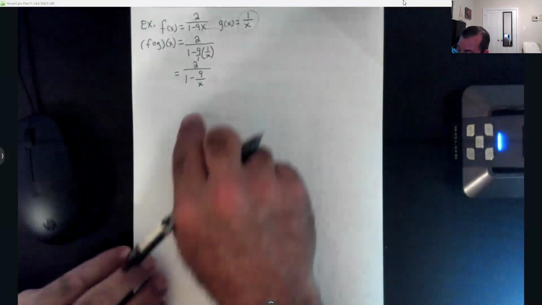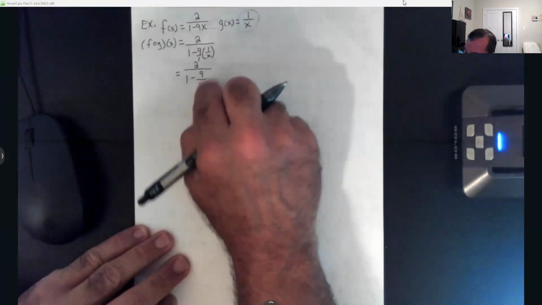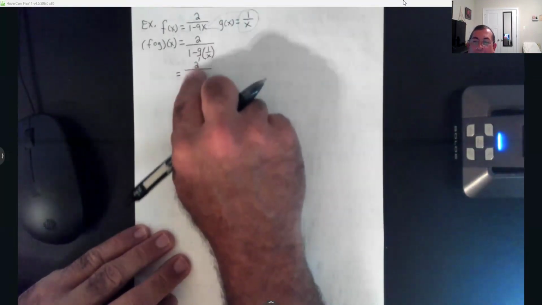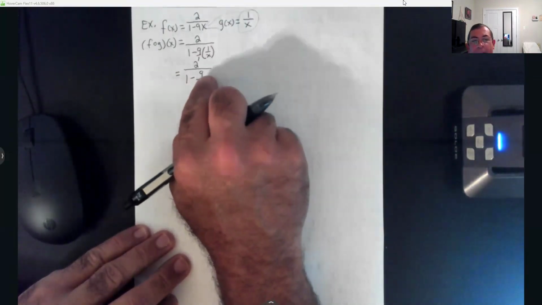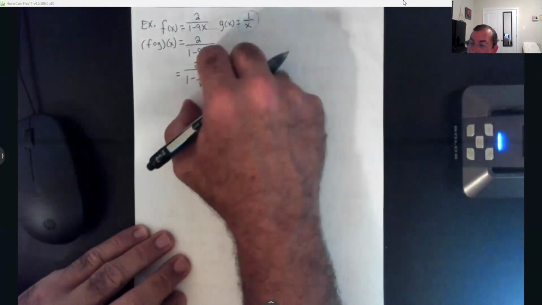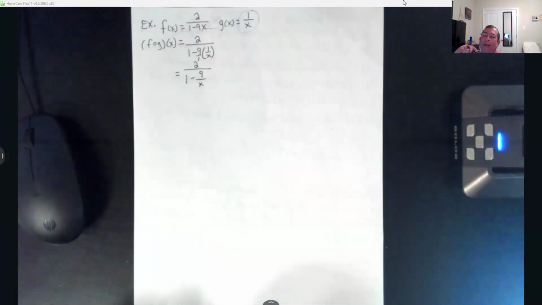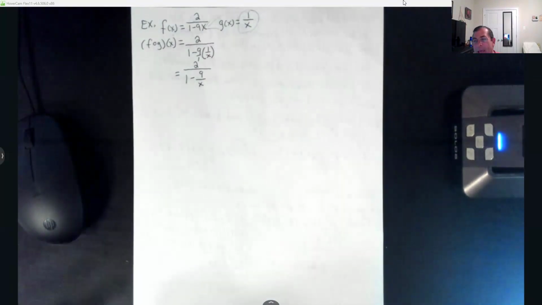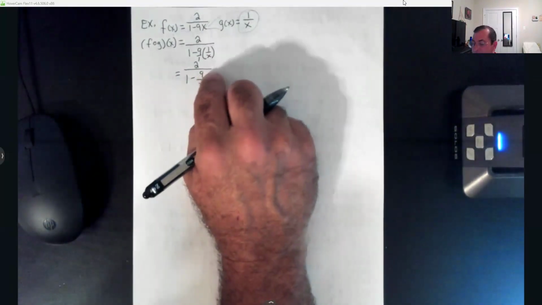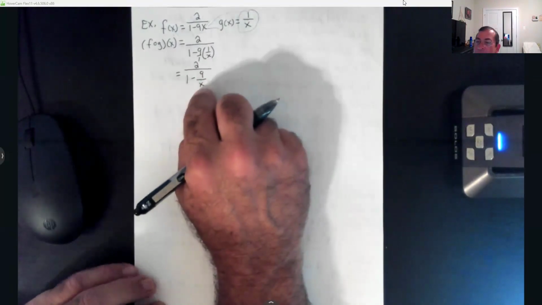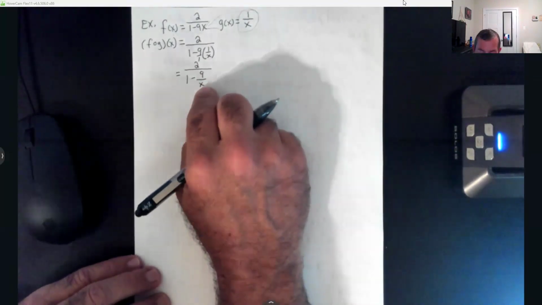So let me explain what we're about to do. This here is called a complex fraction because you got a fraction inside of a fraction, okay? So we're not allowed to leave the answers as complex fractions. So we got to try to get rid of this fraction. So let me ask y'all this.